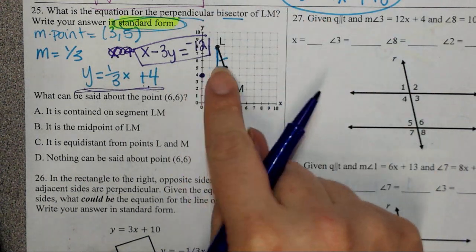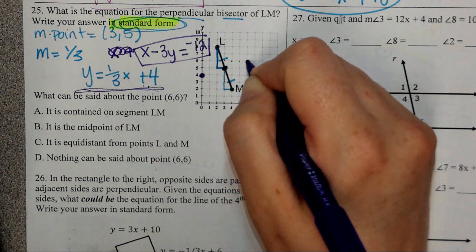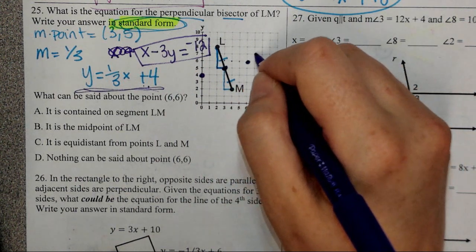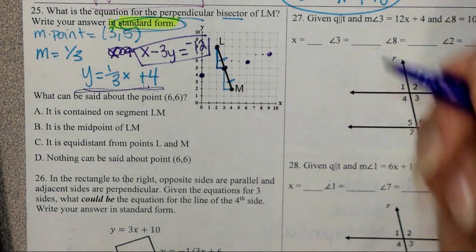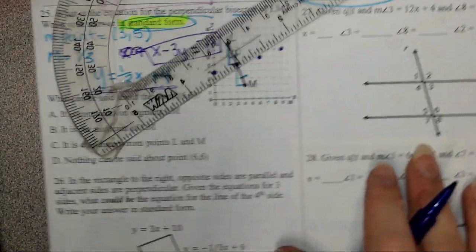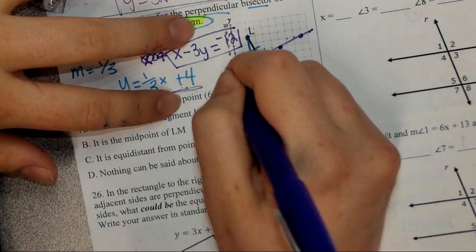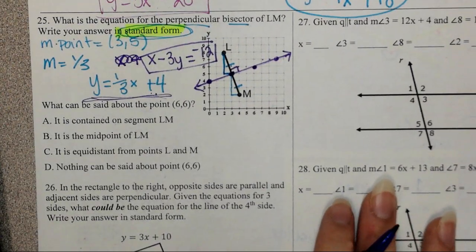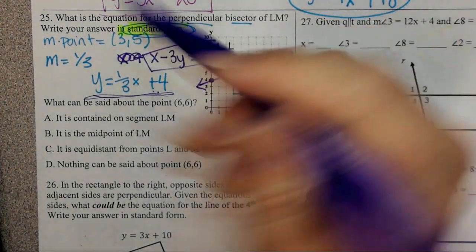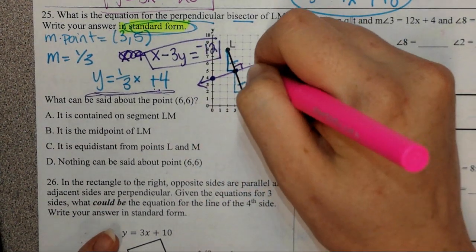So we would go up 1 over 3, up 1 over 3, up 1, 2 over 3. All right, let me connect those. There's our perpendicular bisector.